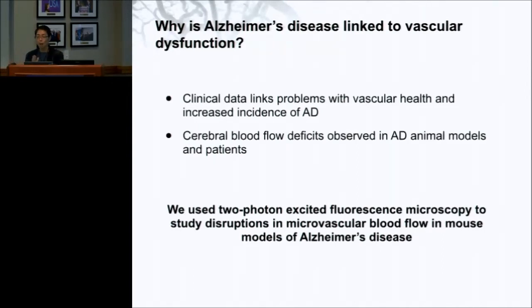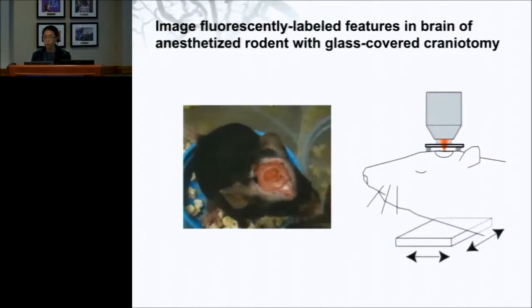So to study this, we wanted to look in the brain of animal models, and we used these nonlinear optical tools, including multiphoton microscopy, to let us take a look and see what is going on. Mice don't naturally get Alzheimer's disease. So one of the technologies that we do use is transgenic mice.